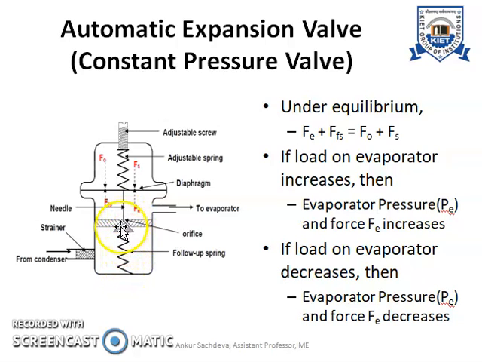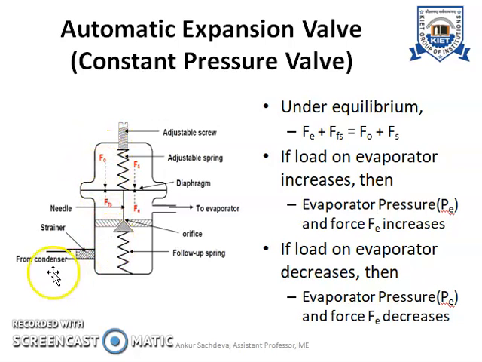So the four forces, I repeat, which are acting on the diaphragm are: first, the force due to evaporator pressure, Fe; second, the force due to the follow-up spring, FFS; third, the force due to the adjustable spring, Fs; and fourth, F0, due to atmospheric pressure.